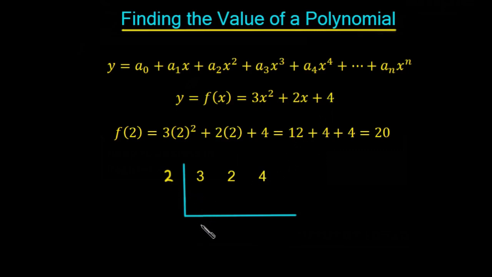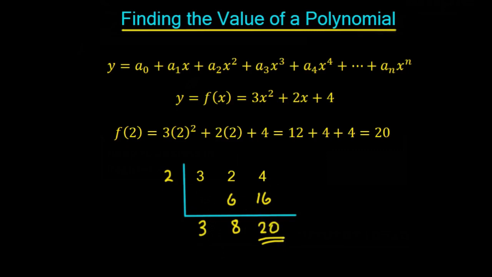We start off with the value 3, so we'll put the 3 down here, and we say 2 times 3 gives us 6, 6 plus 2 gives us 8. Then we say 2 times 8 is 16. 16 plus 4 gives us 20. So that is our value there, 20. And we've done it in this kind of algorithmic form, so this would be perfect if we wanted to program a computer to do this for us.